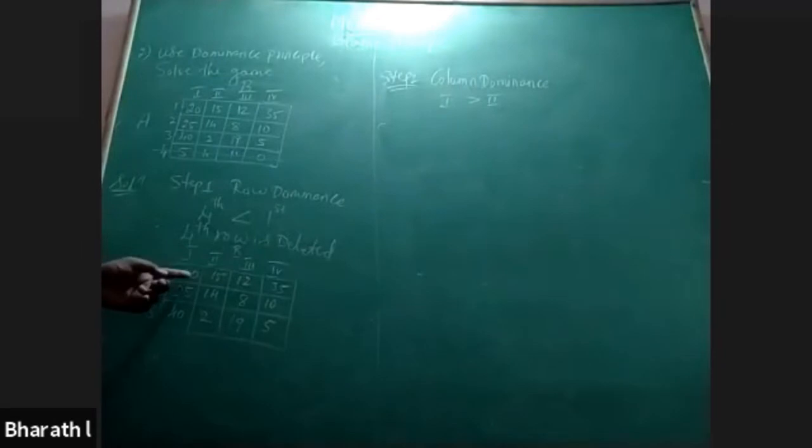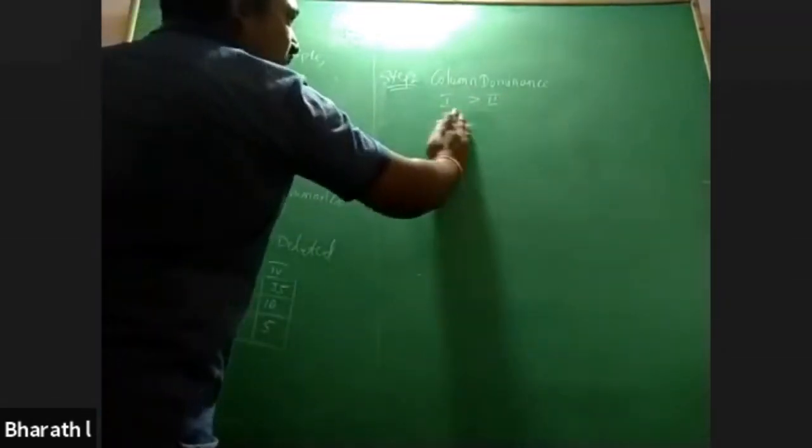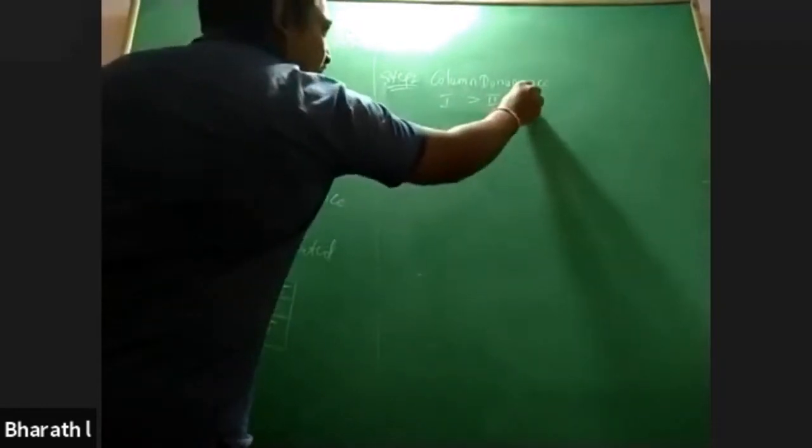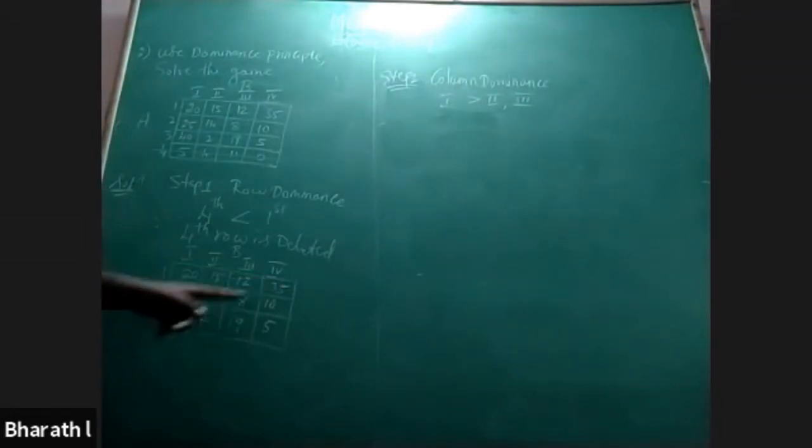Then we'll check other possibilities. First and third: 20, 12, 20 greater, 25, 8, 25 is greater, 40, 19, 40 is greater. The first column elements are greater than the second and third columns. Then first and fourth column: 20, 35, 35 is greater, 25, 10, 25 is greater.